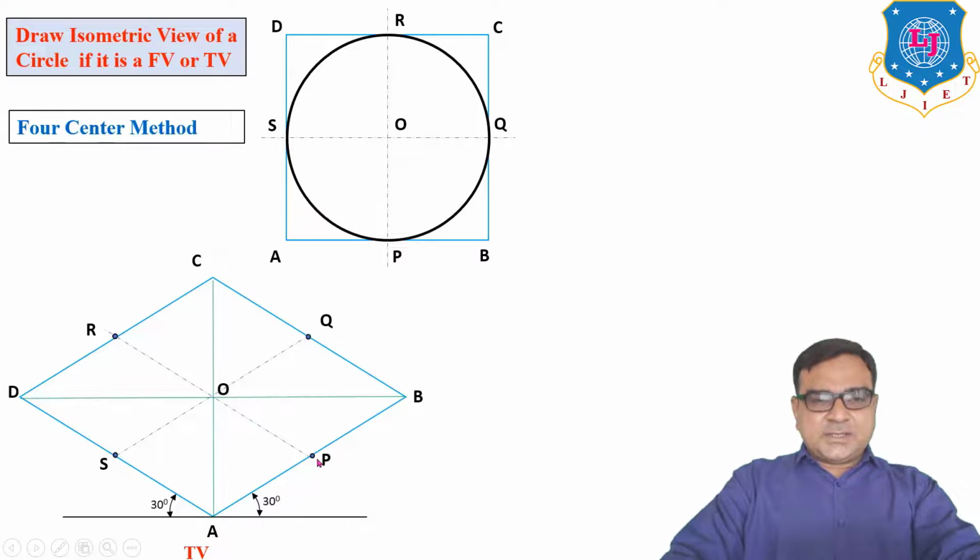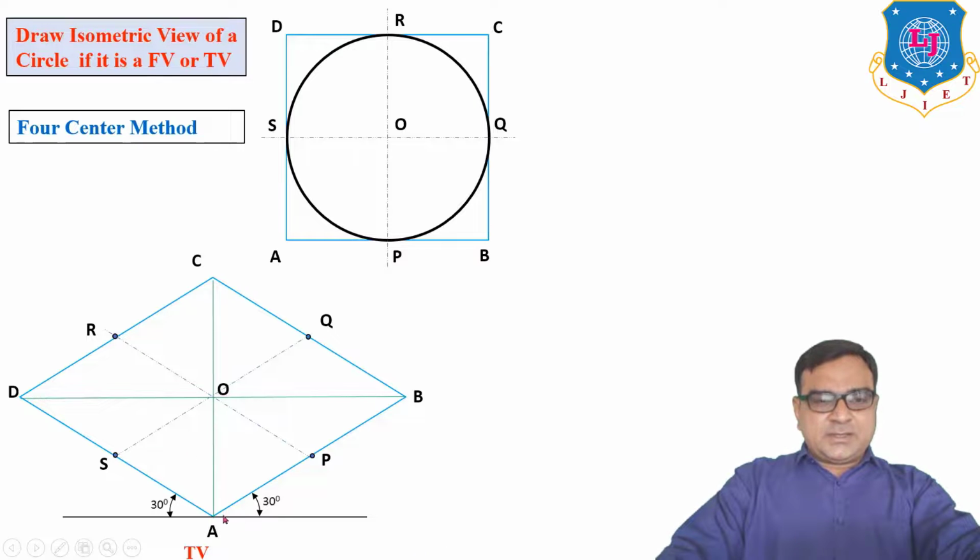Now we have midpoints P, Q, R and S. Now, which diagonal of the rhombus is short, or which one is the small diameter? Here BD and AC are diagonals, in which AC is small.